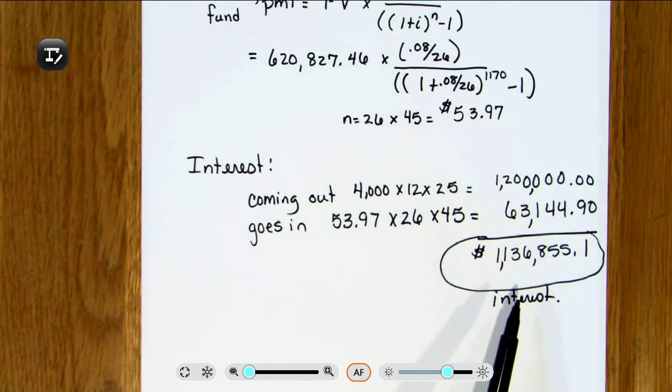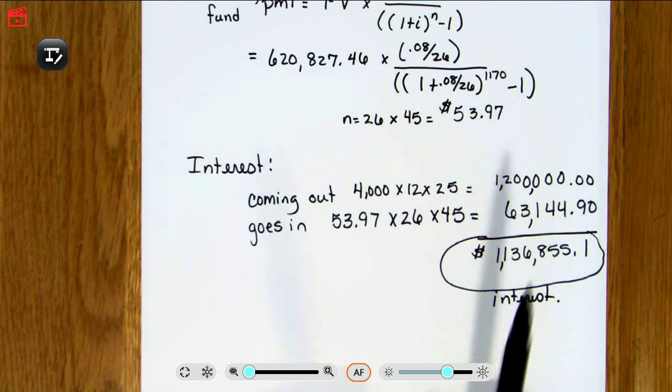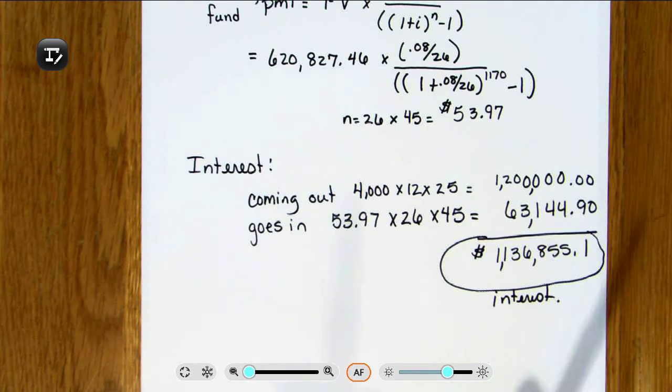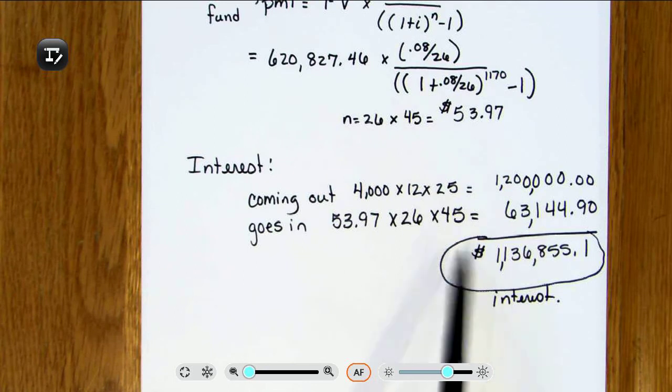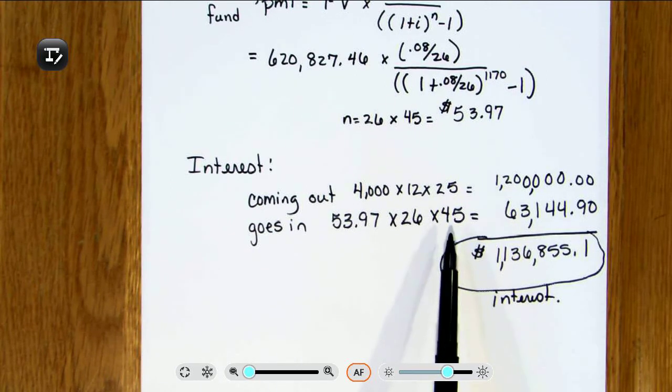And the reason for that is because, first of all, we do have kind of nice interest rates. Whether we could get those or not is debatable. Second is the money is sitting for a long period of time. He's letting those first payments sit there for 45 years. So that's 45 years of accumulating interest, and interest on top of that interest.